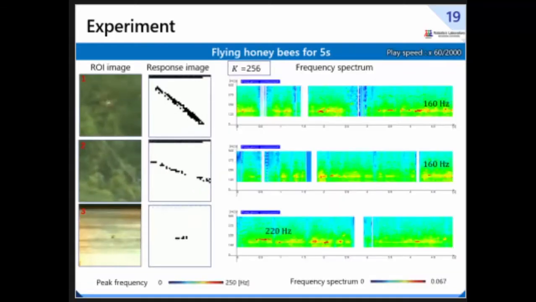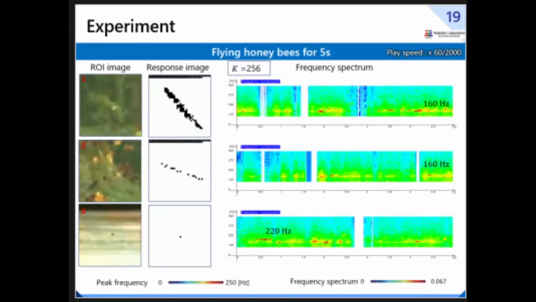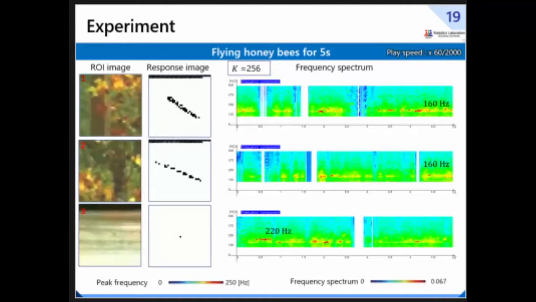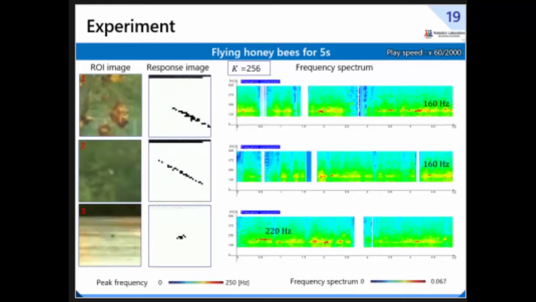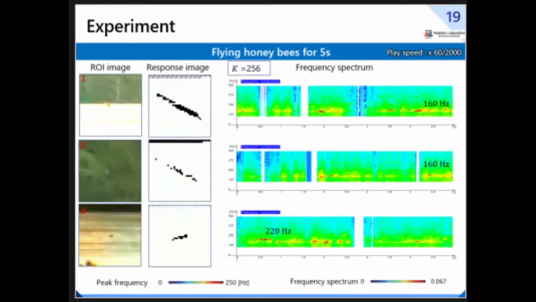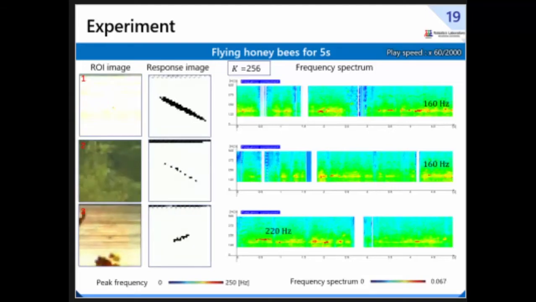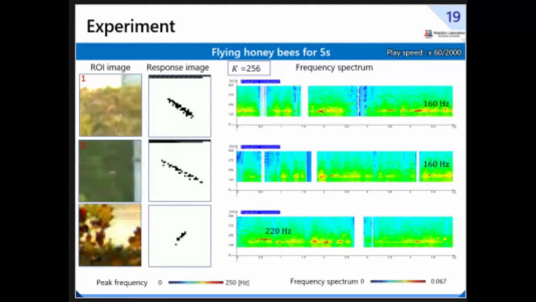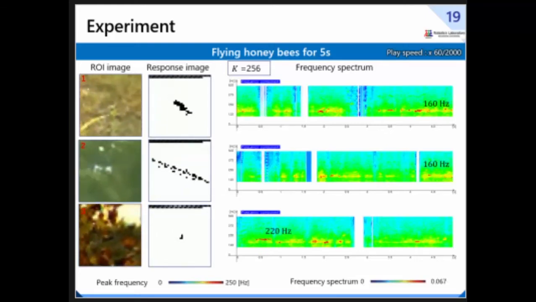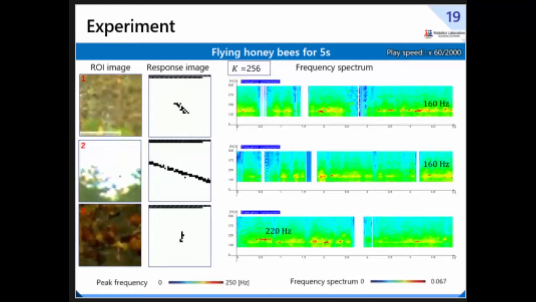When we set K equal to 256, frequency accuracy is 7.8 Hertz. Each honeybee's frequency is detected around 160 Hertz. Especially, level 3 honeybee's flapping frequency is around 220 Hertz for 0.5 to 1 second.